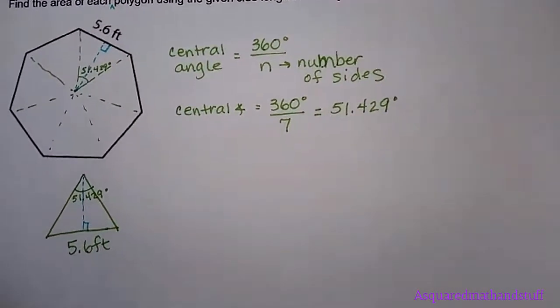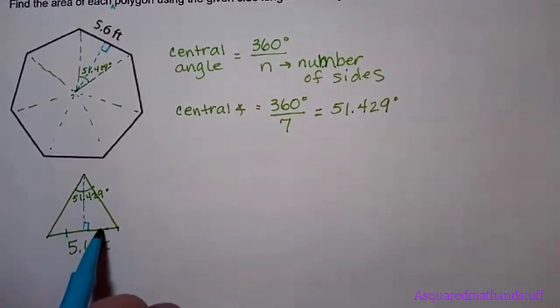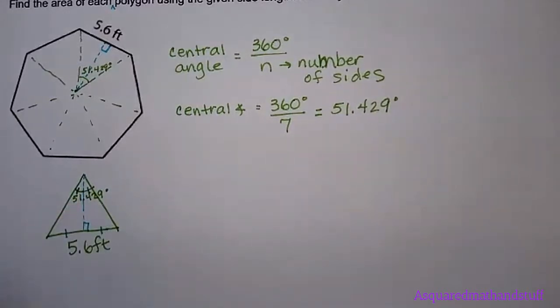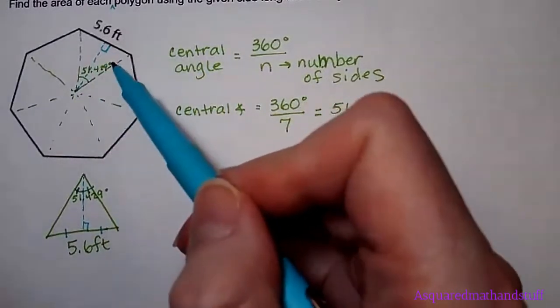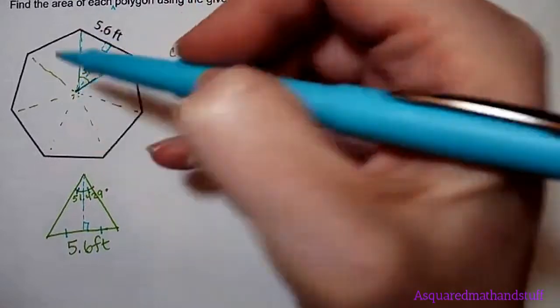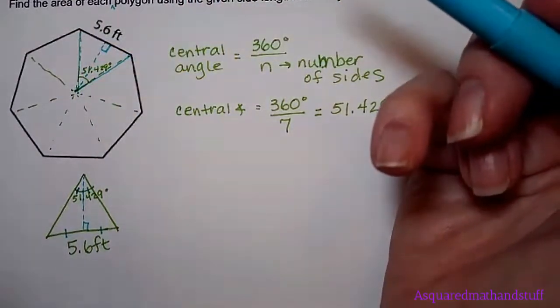With this, we have created a perpendicular bisector, which means these two sections are congruent. That also means that this angle and this angle are congruent. And we know that because this is a regular polygon, which means that this length and this length are exactly the same. So it's an isosceles triangle.